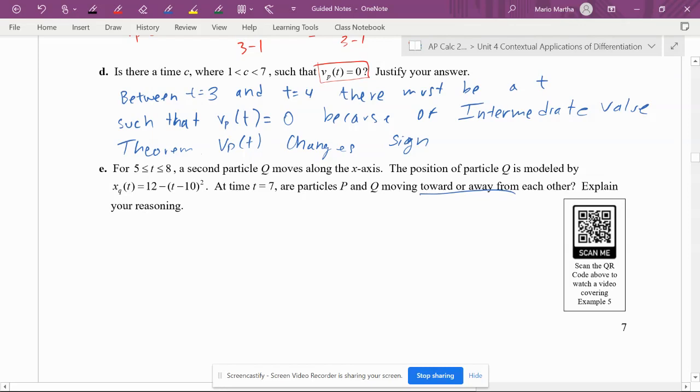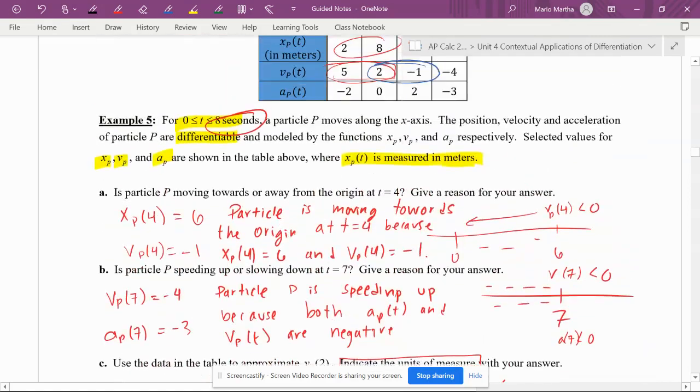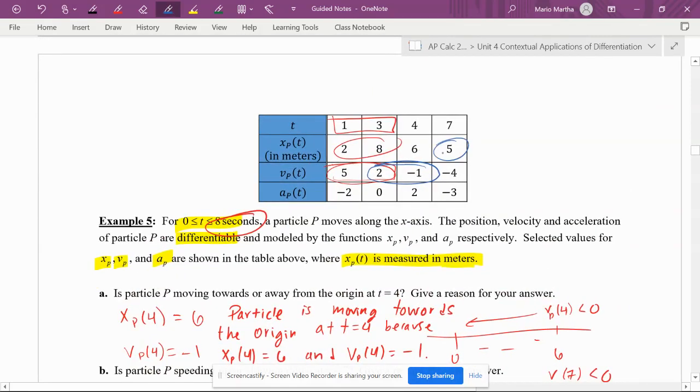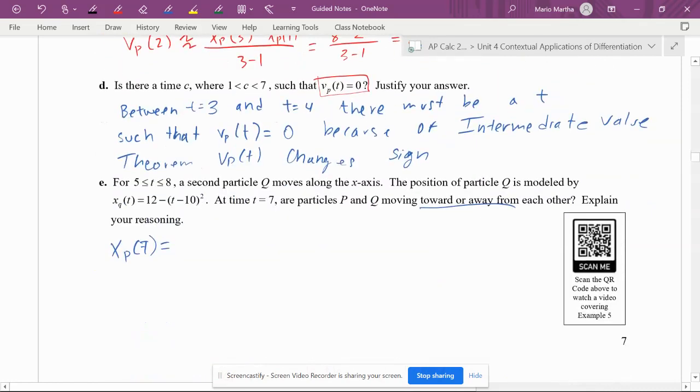So again, we want to see where they're at, right? We're going to first look for the position of both at t equals 7. So let's look for x of p of 7 for the first particle, and that one happens to be at positive 5. All right, so we know that.